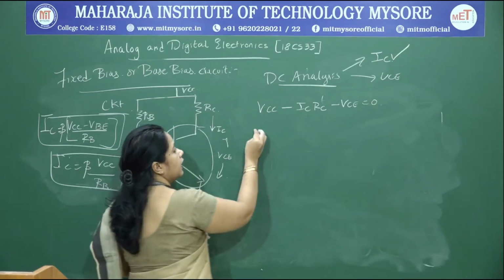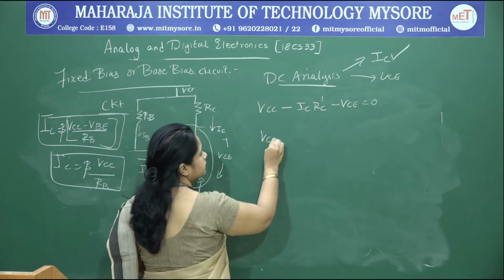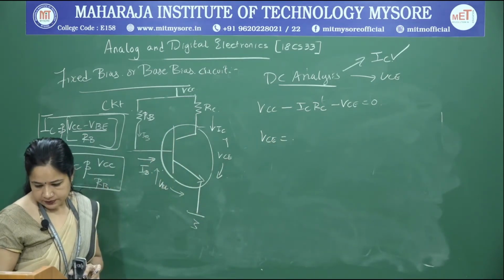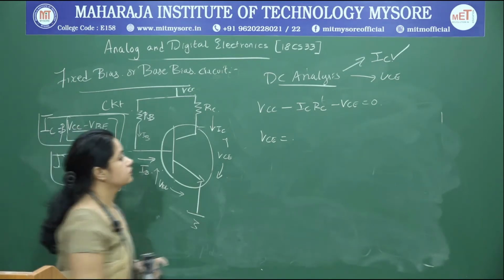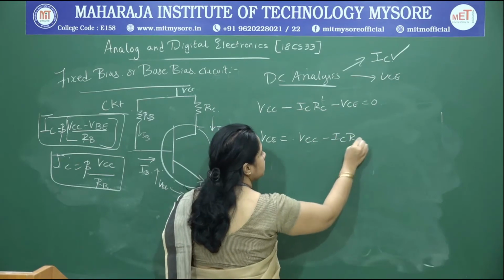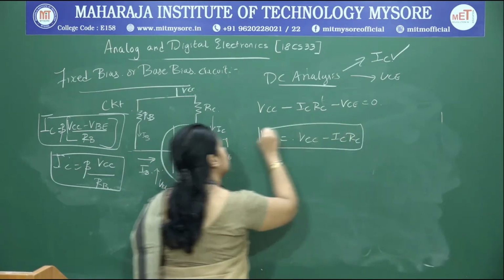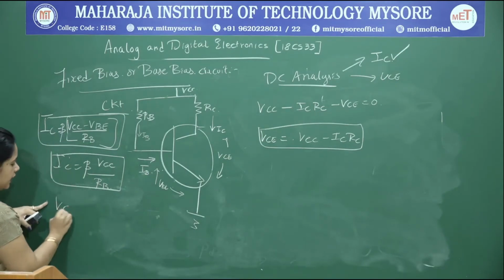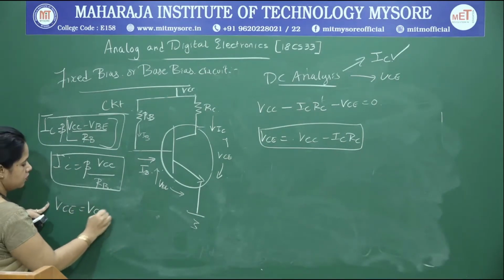We want VCE. VCE is going to be VCC minus IC RC. So, this is the expression for the collector current, the output current, and this is the expression for the output voltage.